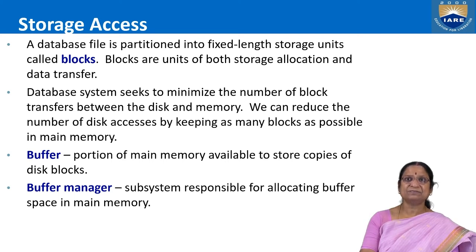The database system seeks to minimize the number of block transfers between disk and memory. That is one of our criteria. So the number of block transfers between disk and memory has to be reduced, so that the access time can be reduced.